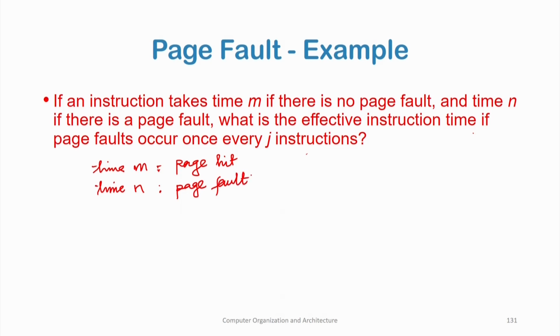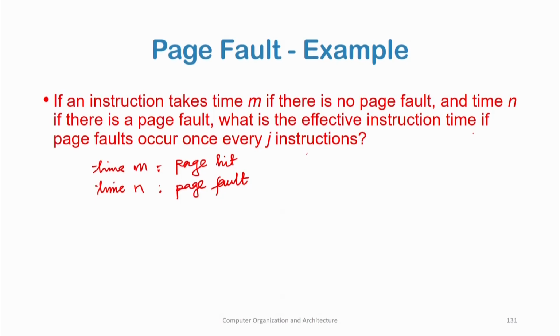Now I am saying that in a group of j instructions, I have one miss and all the others are hits. So in this system, page faults occur once every j instructions.